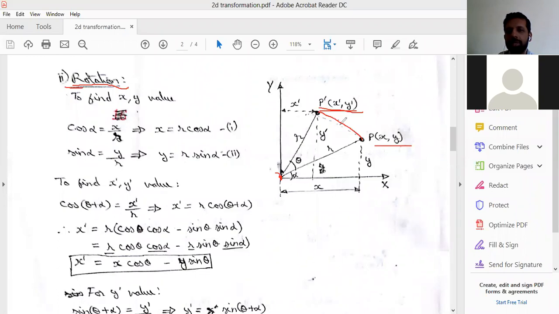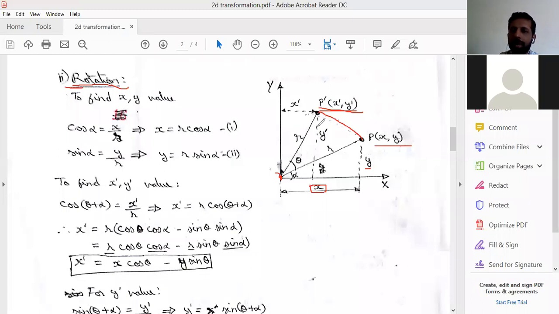For this rotation, let us have the initial value. We have a point p with coordinates x comma y, at an angle alpha, whose height is at a distance of y and in the x direction is x. So that is what we have, x comma y.